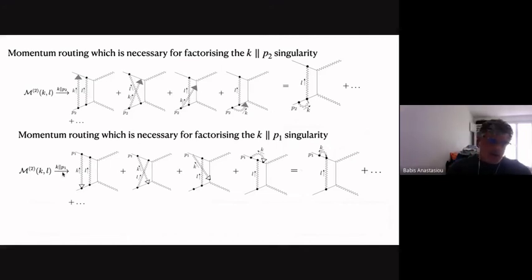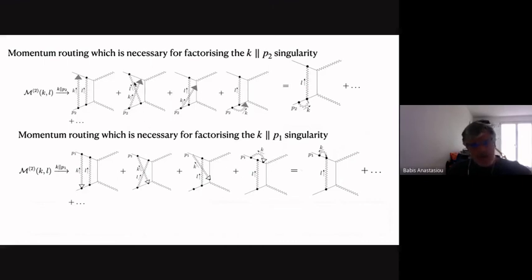Let's now look at the second limit, where the photon becomes collinear to the other leg. You will get mostly other graphs, but one of them will be the same. So one graph contributes to both limits. Actually, not only one, but also this graph contributes to the same limit. In order to have factorization in this limit, it is important that the momentum k attaches next to the collinear incoming particle everywhere.